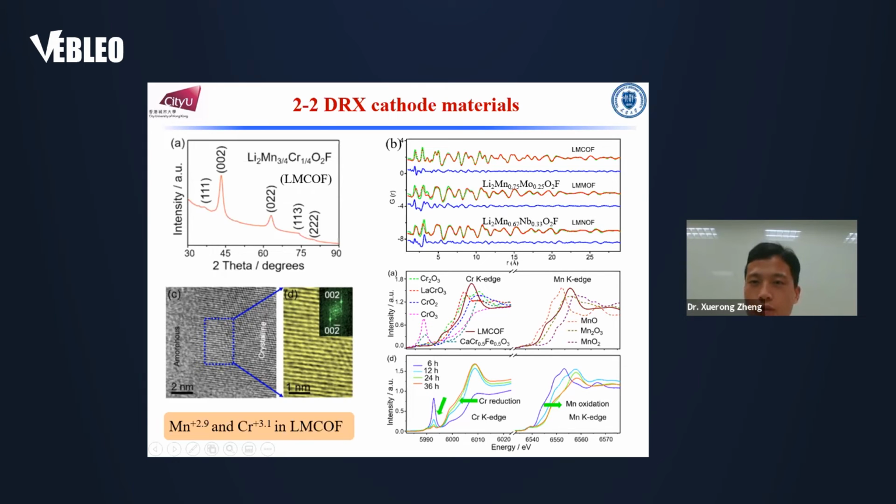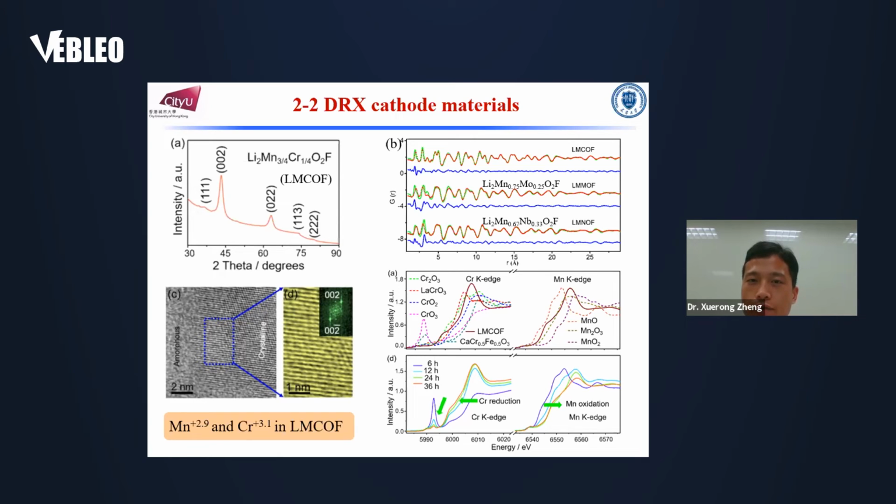And we also prepared other disordered rock salts like manganese and molybdenum, and manganese and niobium. We named them LMMOF and LMNOF. And here we compared with the LMCOF. And we performed the PDF, the pair distribution function, to characterize their disorder degree.